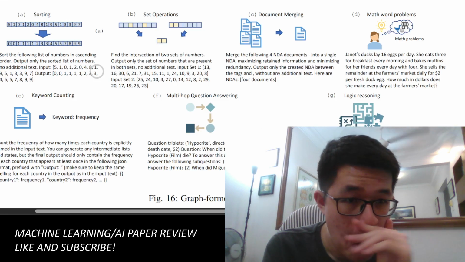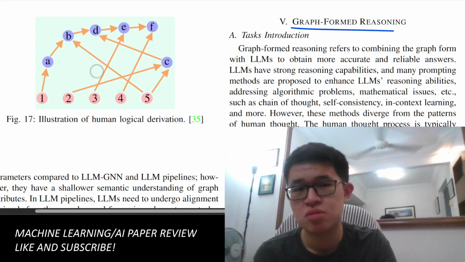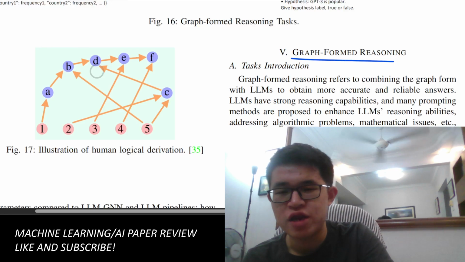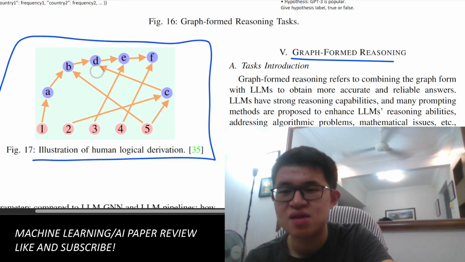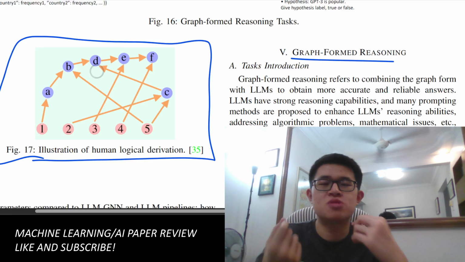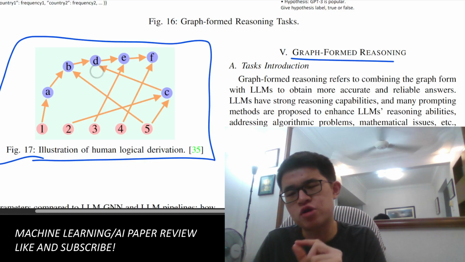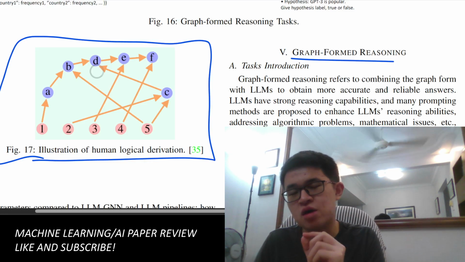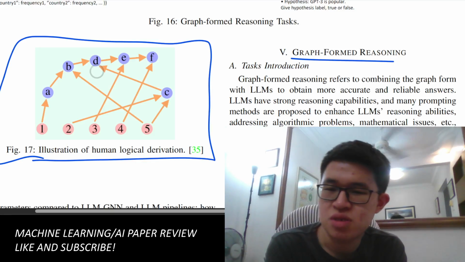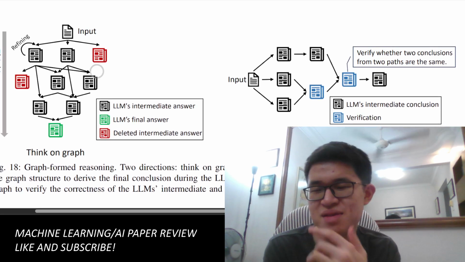Okay, maybe there's more explanation in this section right here, right? But yeah, and they show this figure right here. I bet this is to convey the idea that humans also do this structural form of reasoning as well, that we go through each part of the graph, each idea, in a graph style, right? I think that's what this approach is going for.